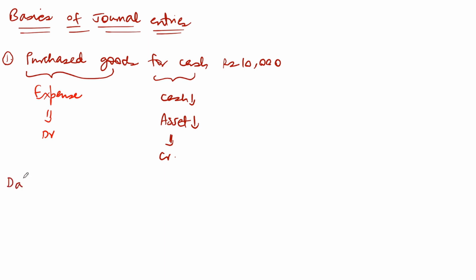Now the format for a journal entry is as follows: date, particulars, and then we have the ledger folio, the reference of the ledger account, and then we have debit, and then we have credit. This is the format of a journal. Here we will pass the entry as follows.